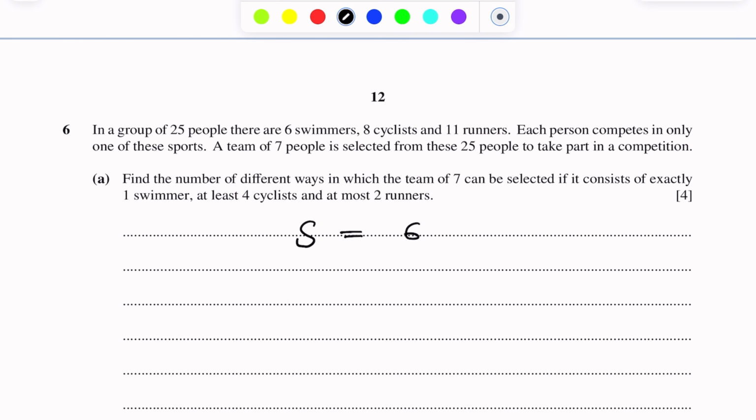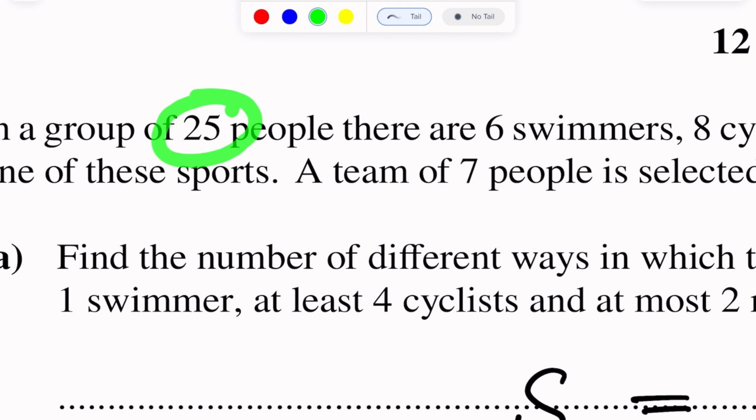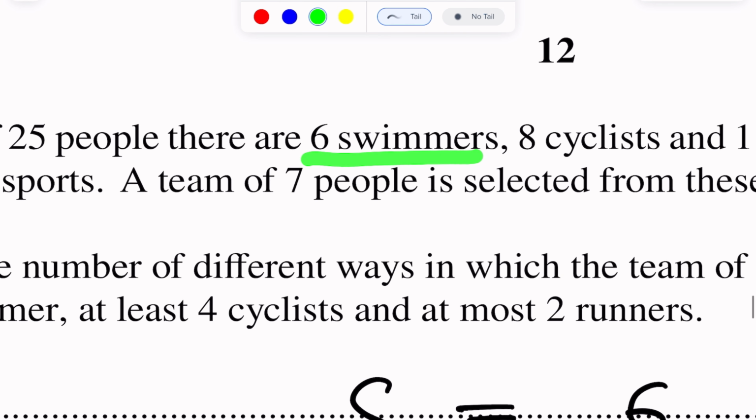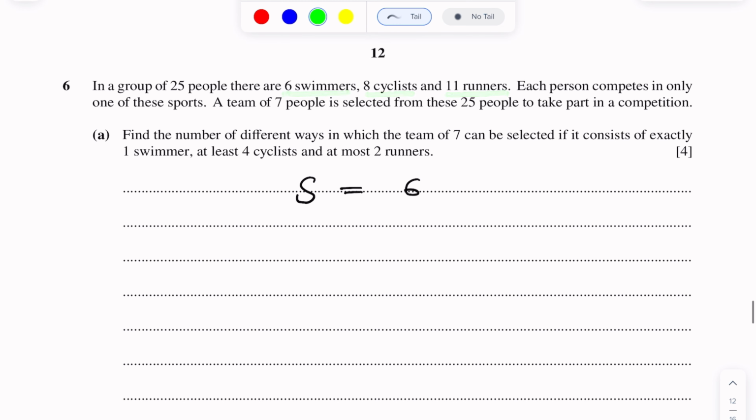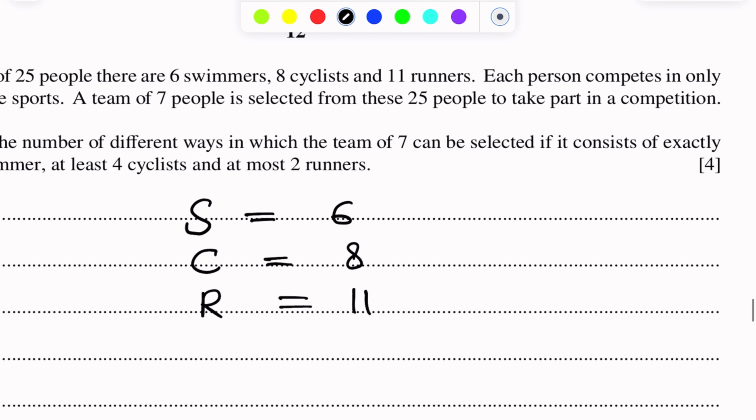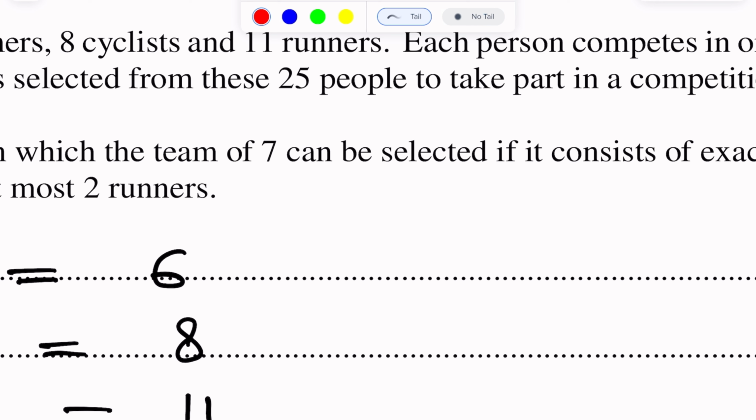Swimmers are 6, cyclists 8, and 11 runners. Total people 25. It is given.